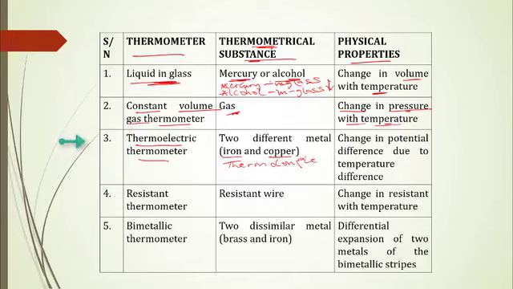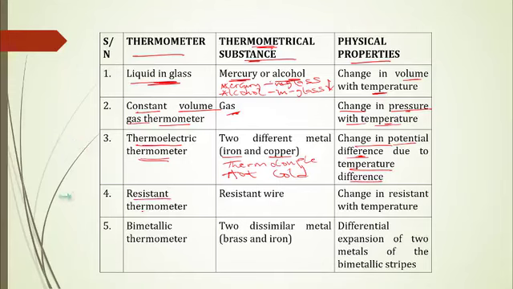Iron and copper, when used together to construct a thermocouple, cause a potential difference to be generated due to a difference between the hot junction and the cold junction, so the hot terminal and the cold terminal as well. The same principle is used in thermometers, where due to a temperature difference, it could cause a change in potential difference, thereby enabling us to take readings using the thermoelectric thermometer.